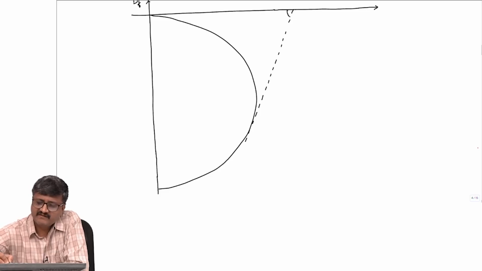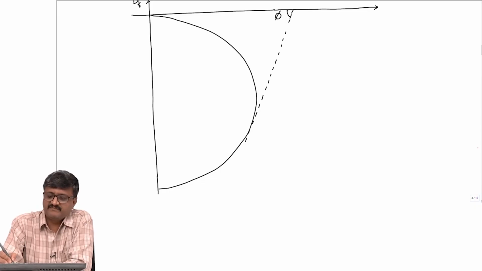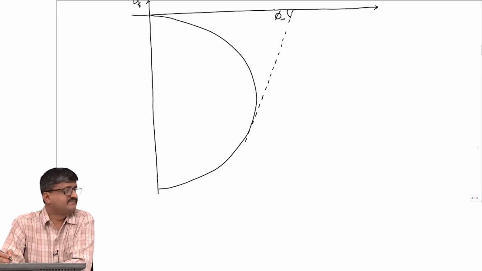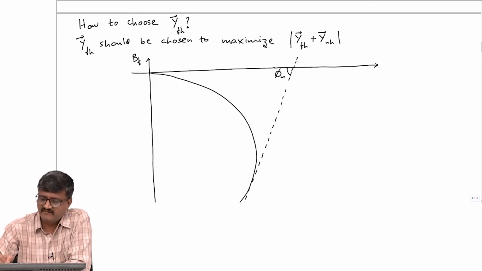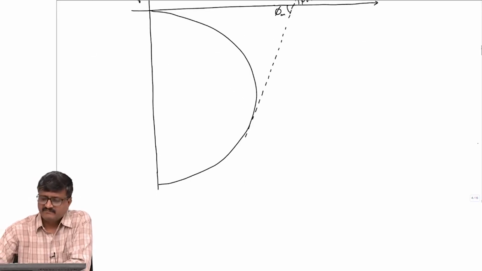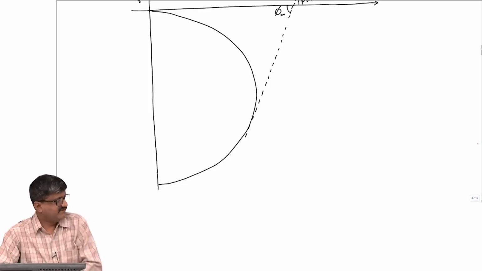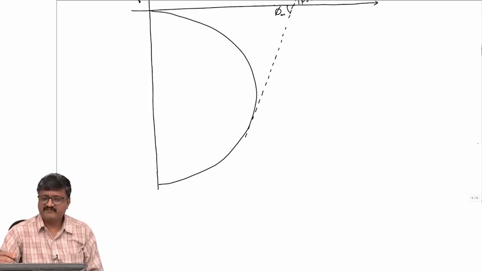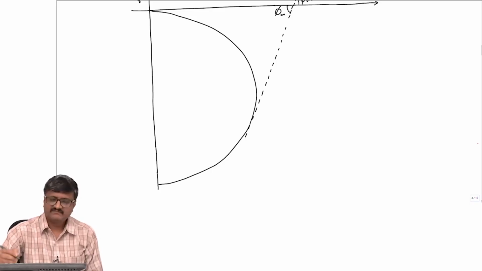So, what is this angle? Phi m. This is phi m. See, the idea is very clear here. If I take this angle, this is phi m, so this is also phi m. Yeah, I have chosen the tangent. Now, where is y of h? It is a point common to the semicircle and the tangent.